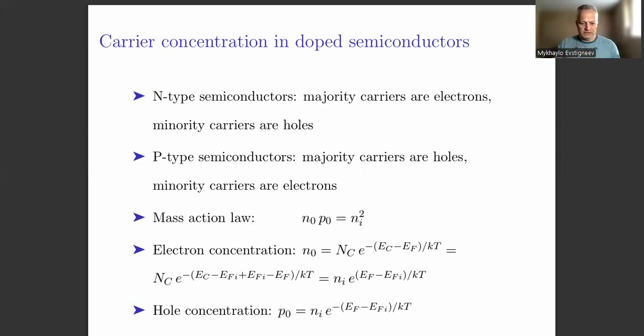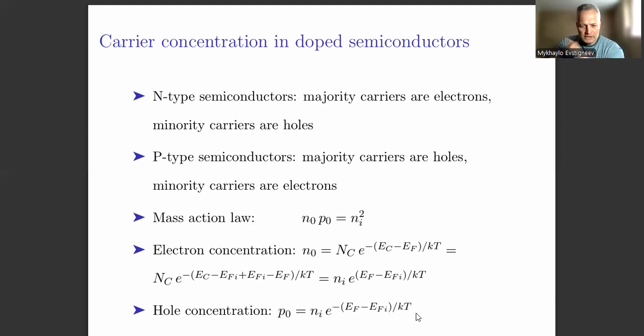So these two formulas relate the concentration of electrons and holes in a doped extrinsic semiconductor to the intrinsic concentration. Both formulas still involve the Fermi energy, so we still need to somehow figure out the Fermi energy.